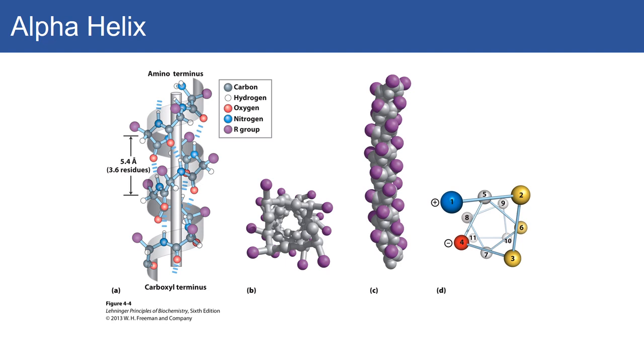The top one will give you an idea about the charge, because the helix can also have a dipole effect where you have a positive on one end and a negative charge on the other end. It also gives you an idea of how there are 3.6 residues per rotation in an alpha helix configuration.